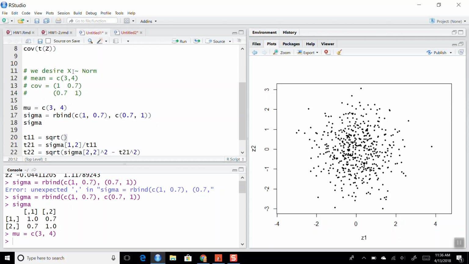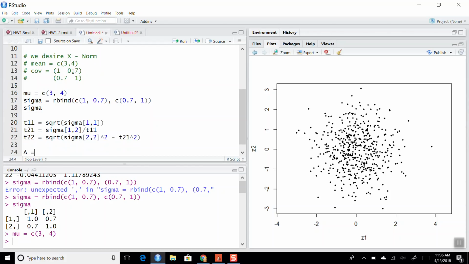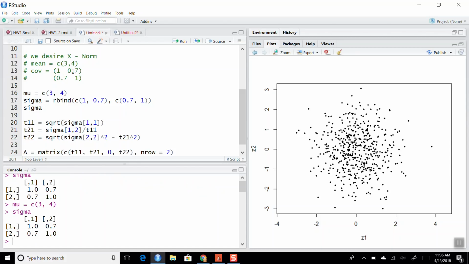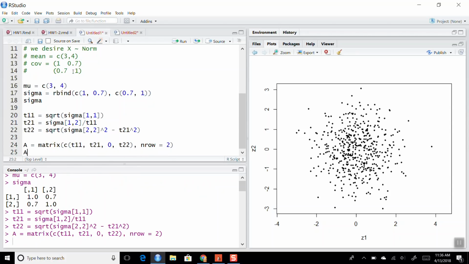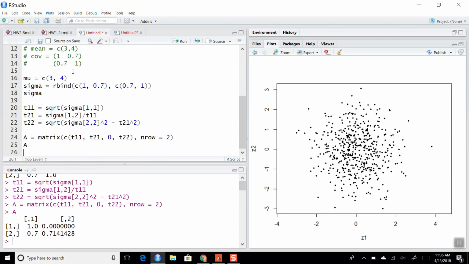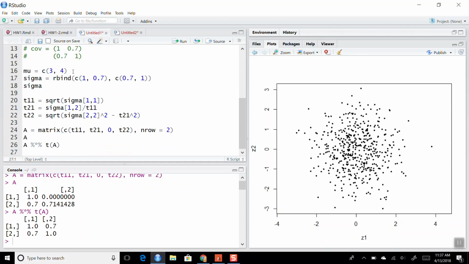Okay, and I should call this sigma 1, 1. So this is one way to do it, and then we'll say A is equal to the matrix of, and we would paste all of these things together, T11, T21, 0, T22, and nrow equals 2, right? So this should work out. And let's take a look at what A looks like. Okay, and then if I do A times transpose A, indeed I get what I desire.